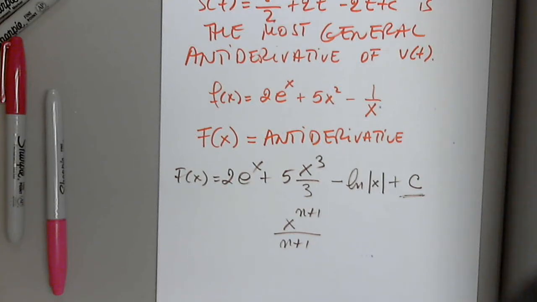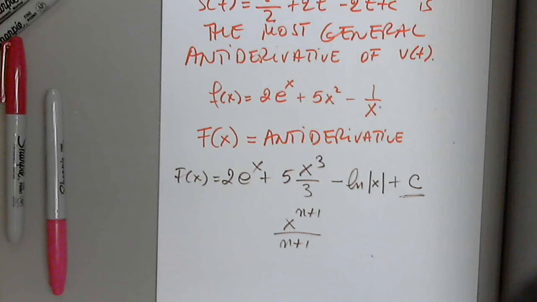There are situations in which I will not be asked for the most general antiderivative, but I will be given a condition, like when x is 5, y is 3, that will allow us to find the constant. And the answer to the problem will be: here is the only function whose derivative is that and also complies with a given condition. Okay. It's a very good question.